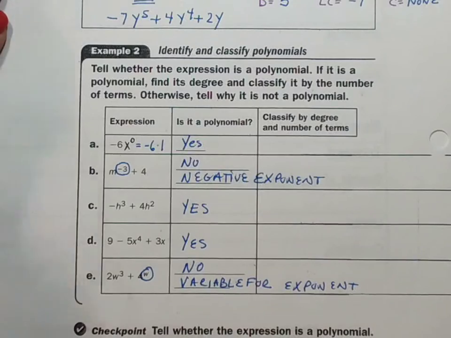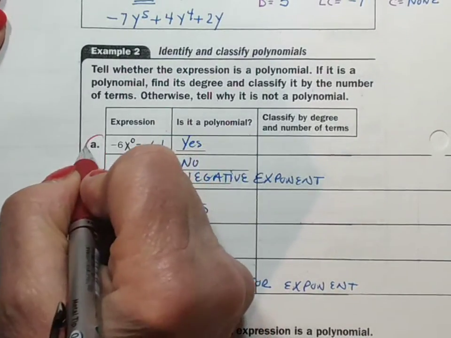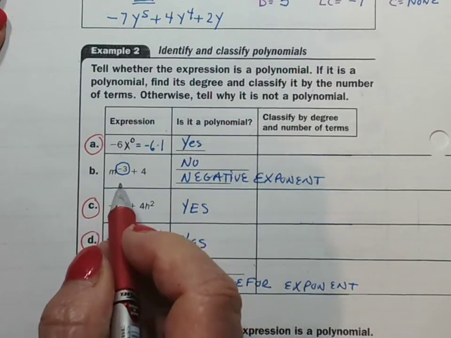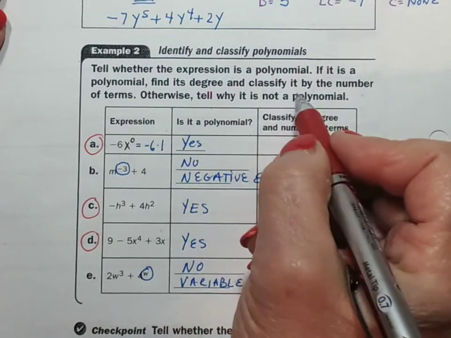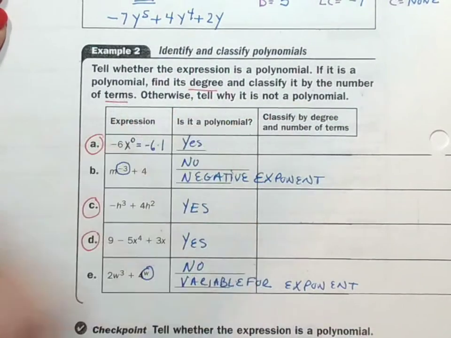So for the ones that are polynomials, A, C, and D, we're going to classify them by degree and by terms.